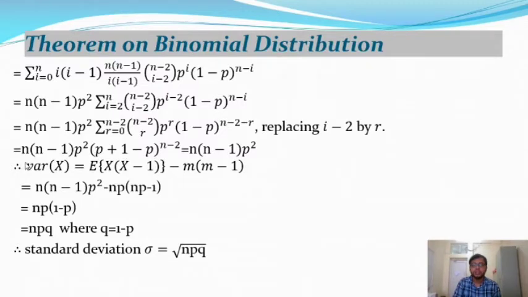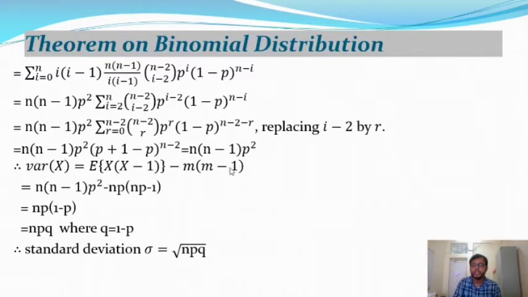So the expectation of x into (x minus 1) is n into (n minus 1) into p squared. Therefore the variance of x is equal to expectation of x into (x minus 1) plus m minus m squared, where m is the expectation, or expected value, of the binomial distribution.